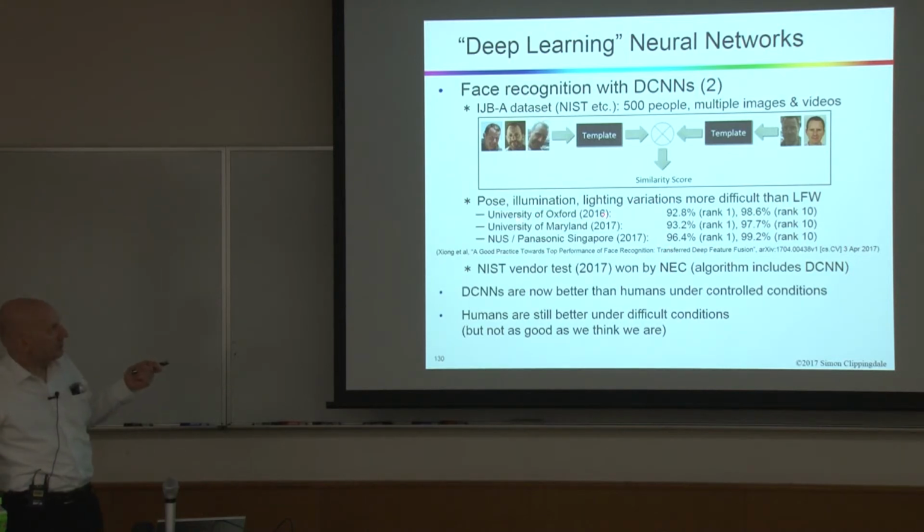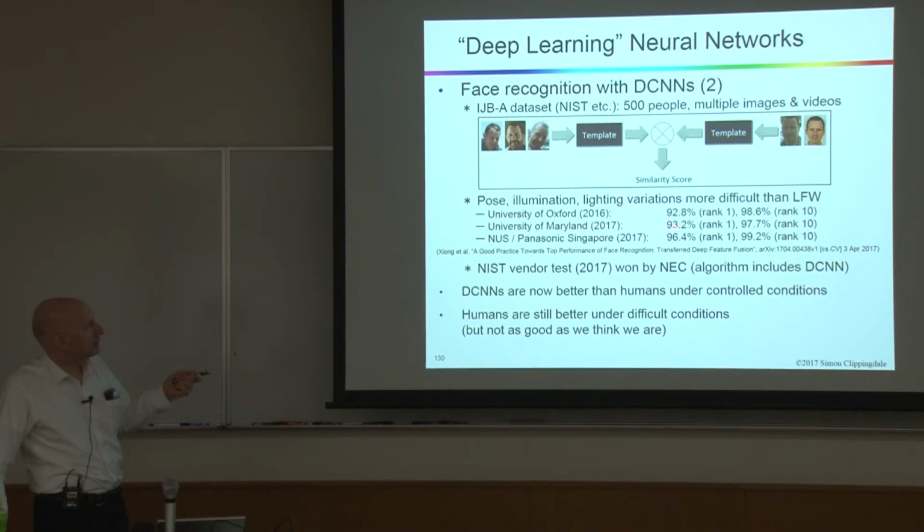Even so, the Oxford team last year got 92.8% rank 1. That's the most similar person in the data set being correct. If you call it a correct hit when they get someone in the top 10, then that's 98.6%. This year, University of Maryland took the rank 1 value up a bit, 93.2. This one actually fell.